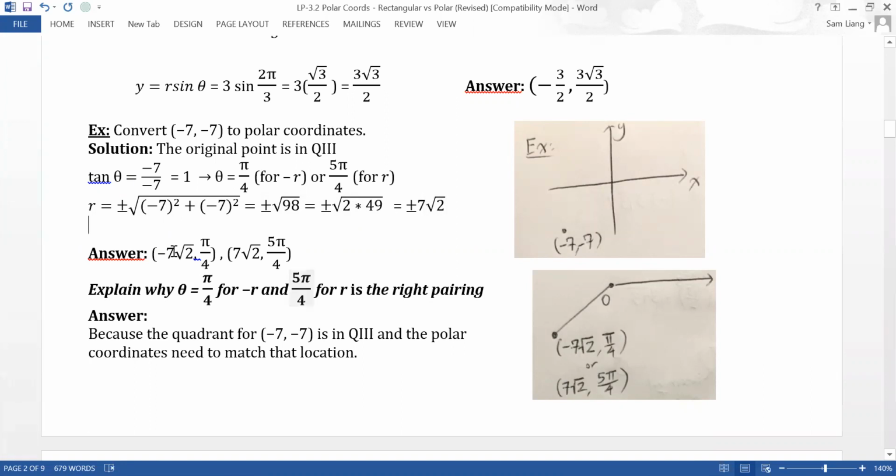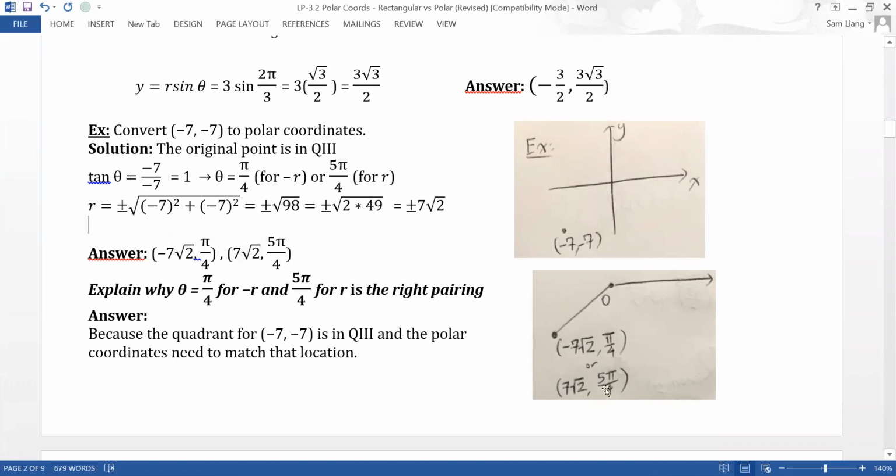So the correct matching though, again, we have to match them. It's going to be negative 7 root 2, pi over 4 and positive 7 root 2, 5 pi over 4. Okay, so this answer would not work if it was negative 7 root 2, 5 pi over 4. And for that, all you have to do is just graph it.